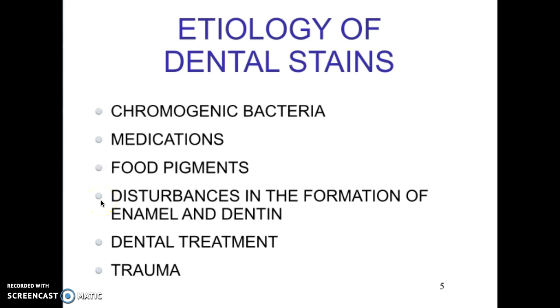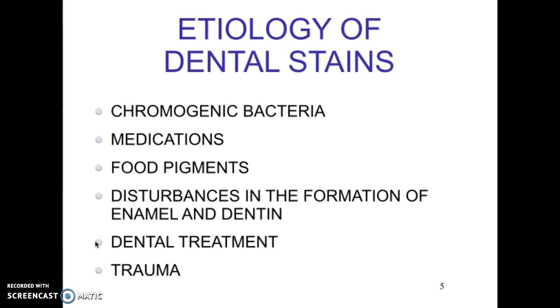Disturbances in the formation of enamel and dentin. So these can either be congenital or genetic, and these are stains such as amelogenesis imperfecta or dentinogenesis imperfecta, or enamel hypoplasia. Dental treatment can cause stains.